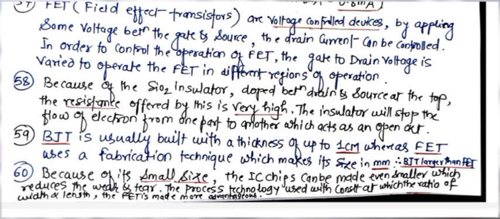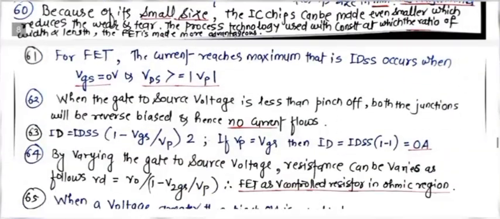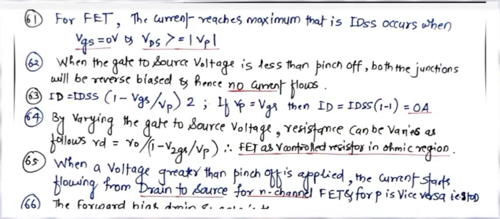For FET, the maximum current, that is IDSS, occurs when VGS is equal to 0 volt and VDS is greater than the pinch-off voltage, that is VP.